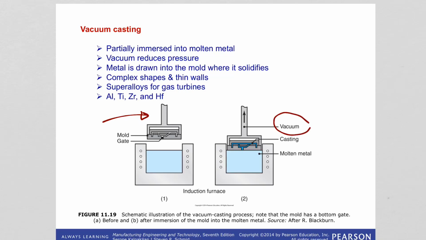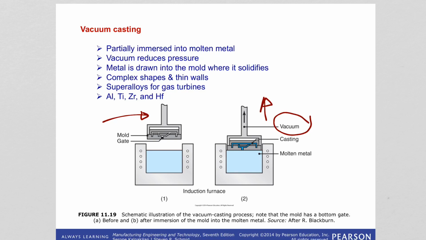The vacuum then reduces the air pressure inside the mold, and this will draw the molten metal into the mold cavities through the gate, and this process can be automated with production costs that are similar to those of green sand casting.